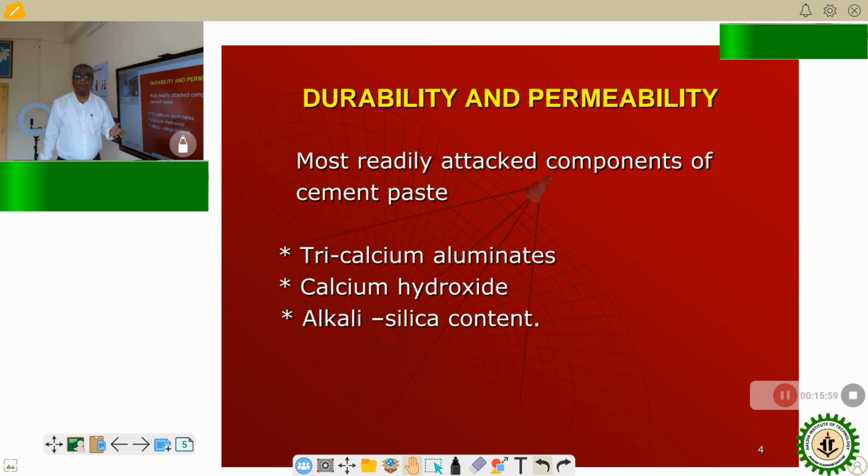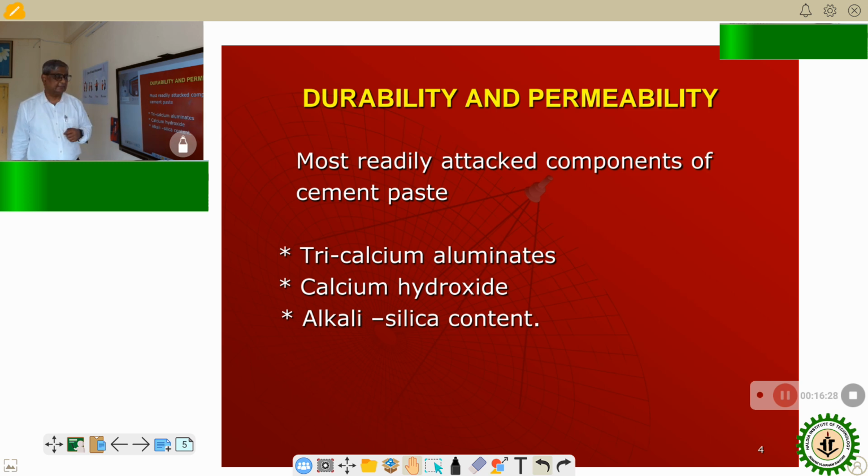Calcium hydroxide, you all know that when we are adding water to ordinary Portland cement, calcium hydroxide liberates. And if that alkali reacts with some aggregates, and if this aggregate starts swelling, then that is not at all a good situation.